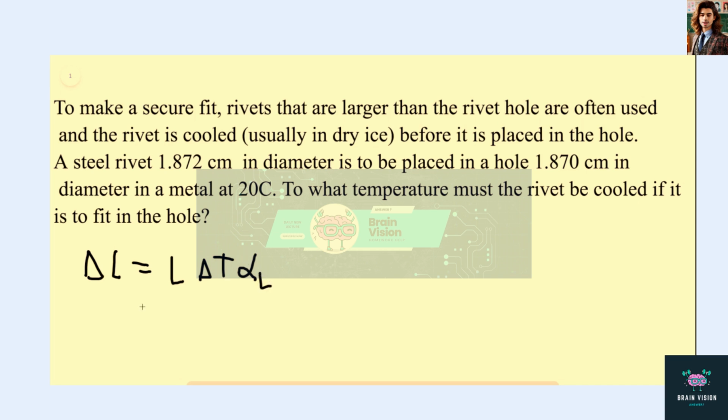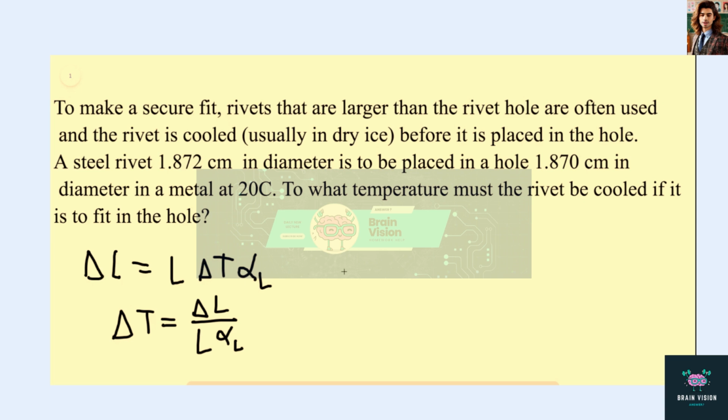So change in length is equal to original length times the change in temperature and the coefficient of expansion over length, alpha L. Rearranging that to make delta T the subject, because we're looking for a change in temperature, we can say that delta T is equal to delta L divided by L alpha L. This is just obtained by dividing both sides of the equation by L alpha L.